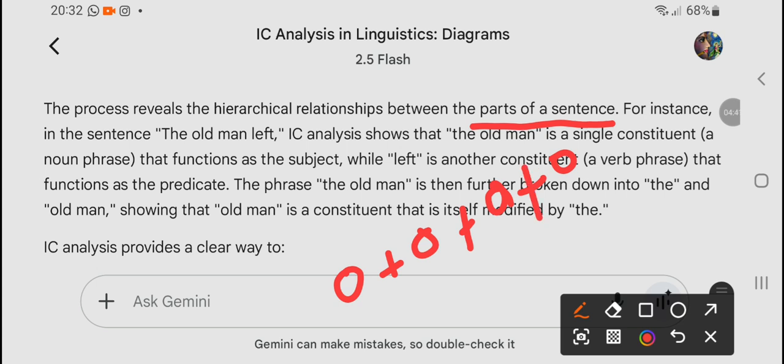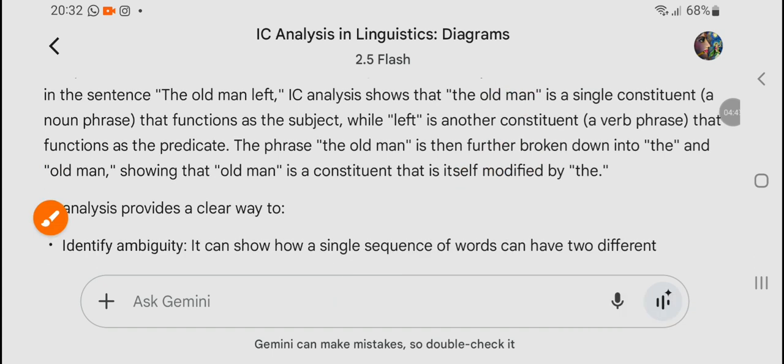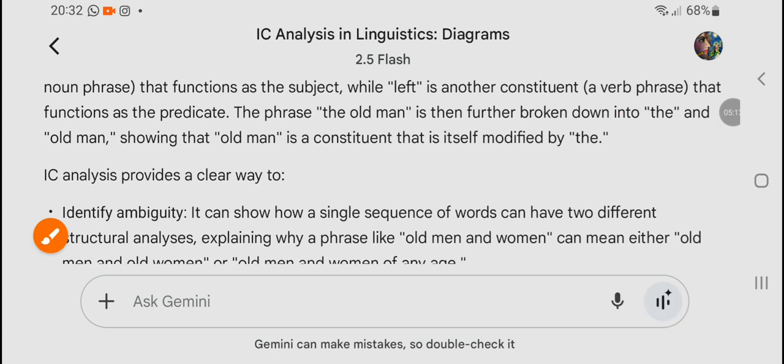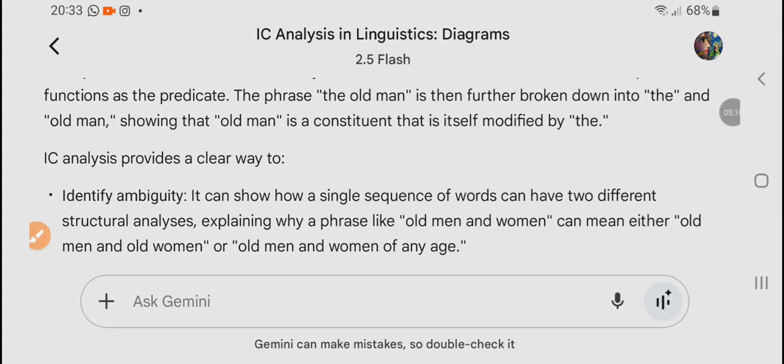For instance, in the sentence "the old man left," IC analysis shows that "the old man," whom we are talking about, is a single constituent, a noun phrase that functions as the subject, while "left" is another constituent, a verb phrase that functions as the predicate.